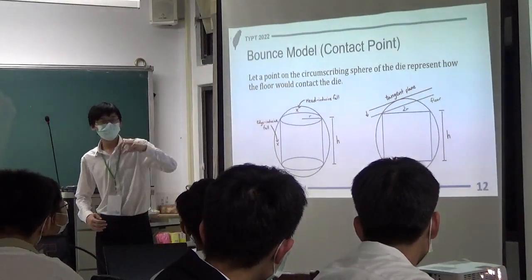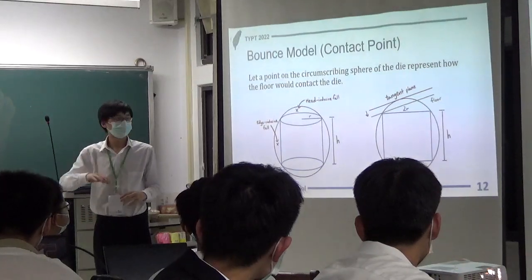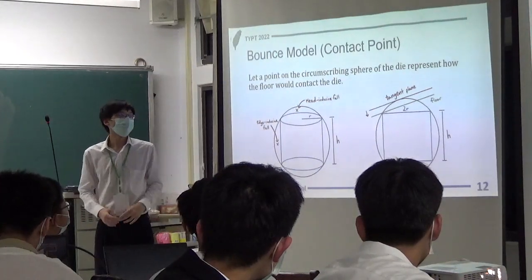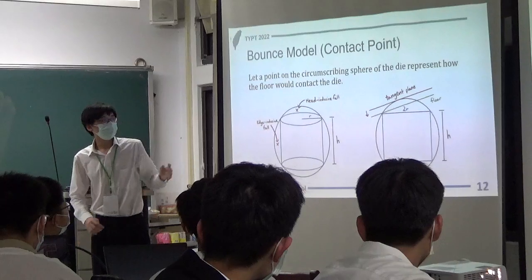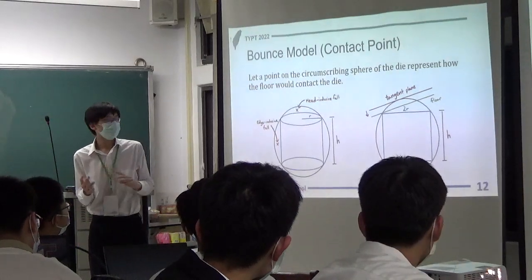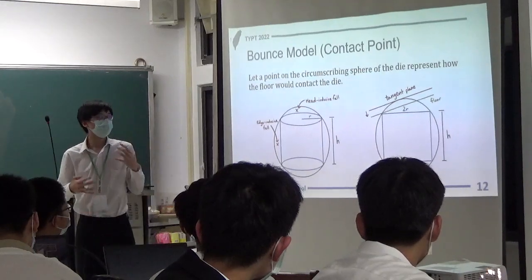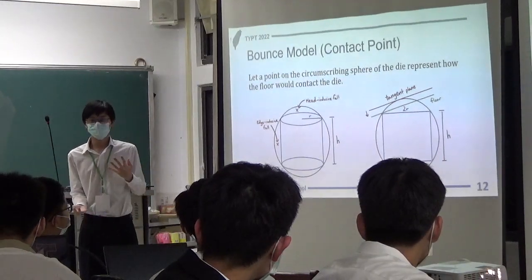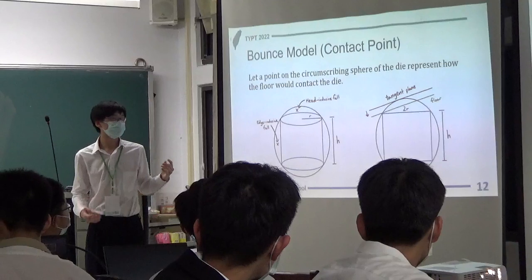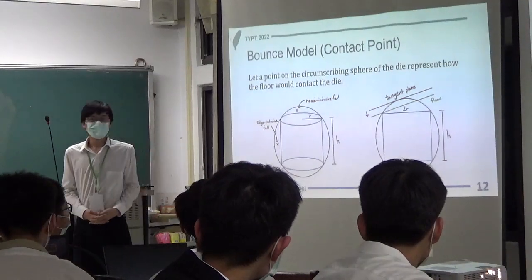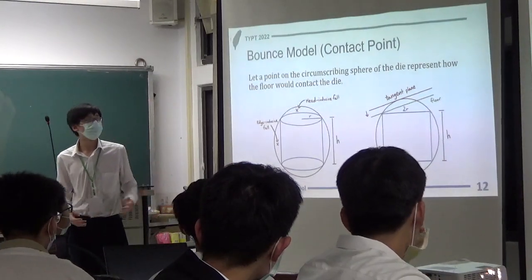And we can move that plane downwards to represent how the die would contact the floor. And as a result, it would be more leaning to its head when this point is chosen at the top. So it would be a head-inducive fall. And if we were to repeat the same process with this point, we would get that it's an edge-inducive fall.